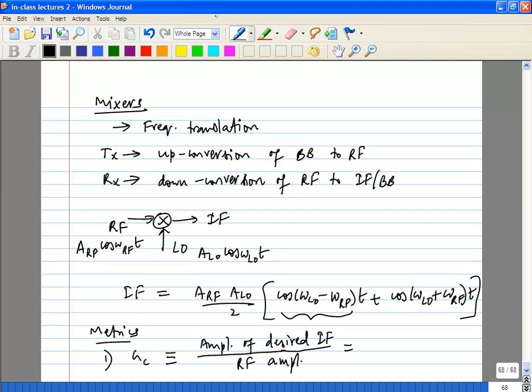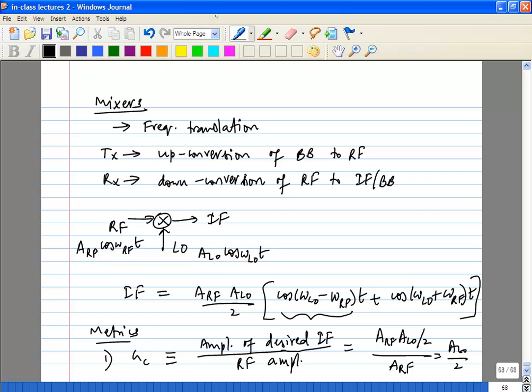In this case it's A_LO A_RF by 2, which is the amplitude of the output, over A_RF, which is A_LO by 2 in this case, because we are considering a very simple multiplier mixer.